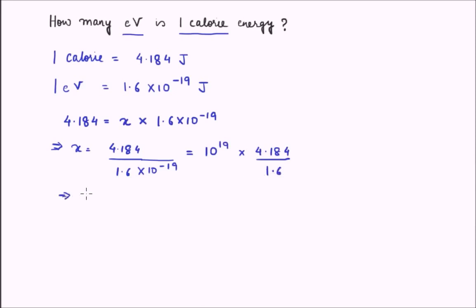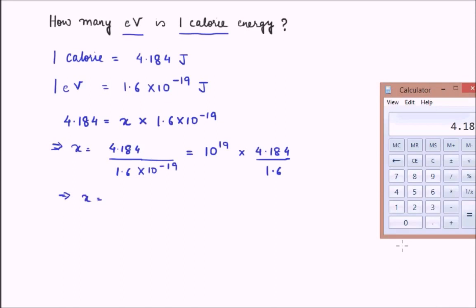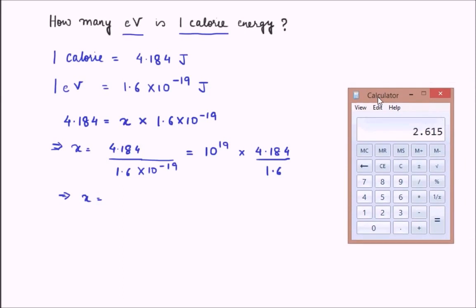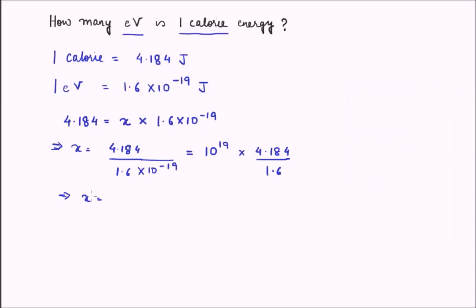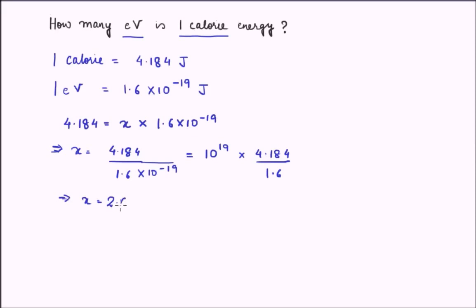This will imply x is equal to, let's use a calculator to solve this. So 4.184 divided by 1.6, and that is equal to 2.615. So x turns out to be 2.615 into 10 to the power 19.